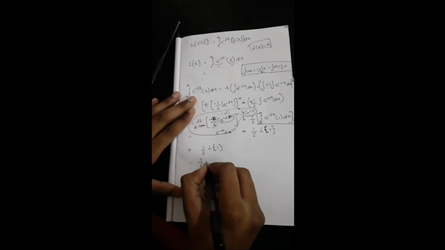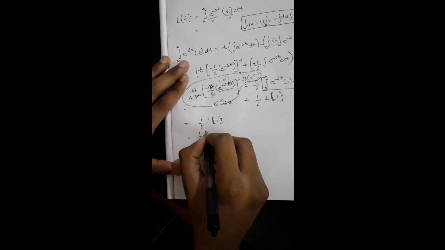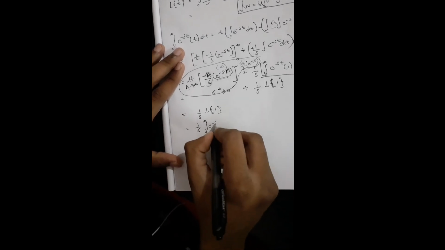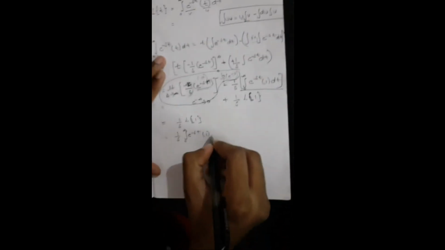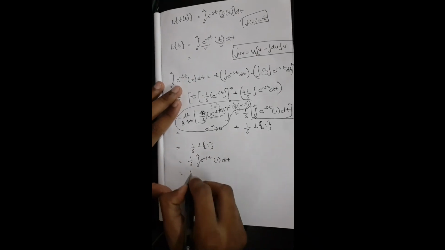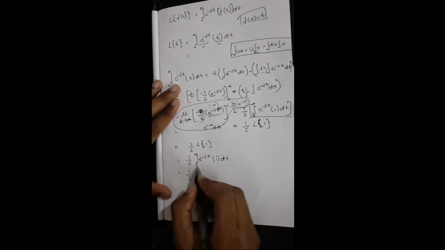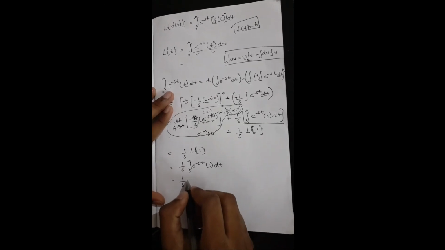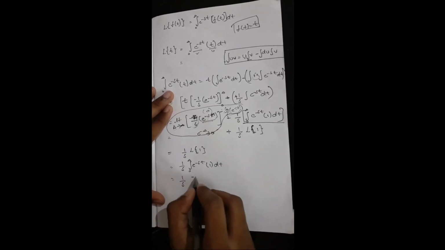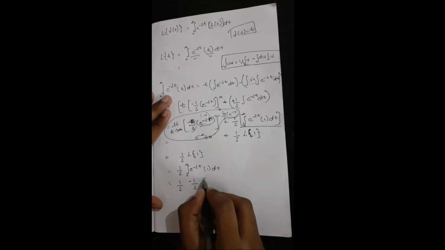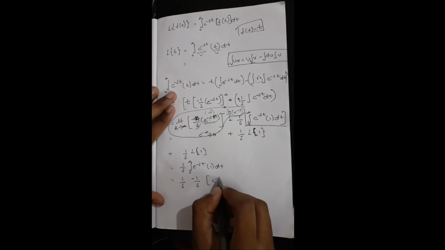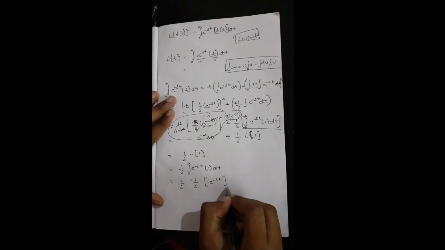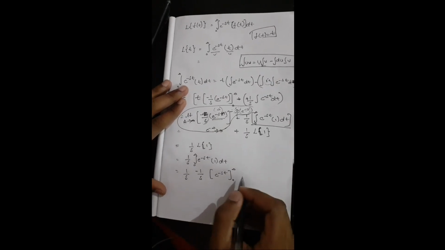So Laplace of 1 is the integral from 0 to infinity of e to the power minus st of 1 dt. So the integral of e to the power minus st, as we know, is minus 1 by s into e to the power minus st from 0 to infinity.